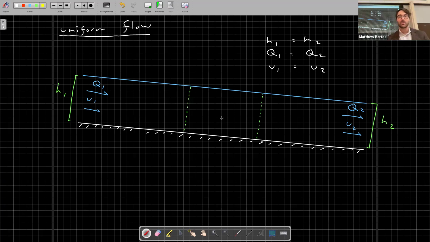So we will have a gravitational force pointing down. The component of that gravitational force in the longitudinal direction, if the gravitational force we call Fg, will be Fg times the bottom slope, approximately. Okay, what other forces do we have?